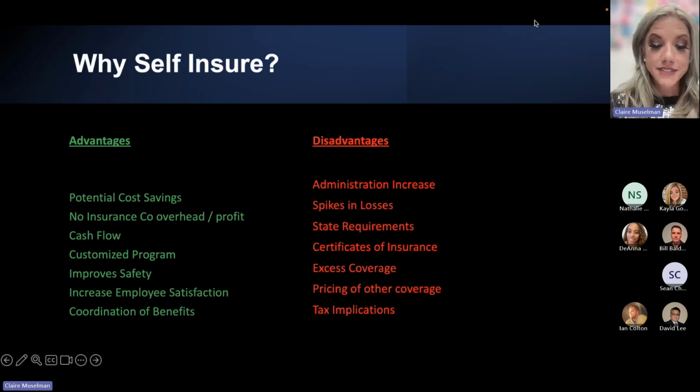It can improve safety because the employer is much more aware of what the losses are, where they're coming from, what kind of loss control measures need to be put in place, because again, this is the organization's money. So they're very conscious about that.